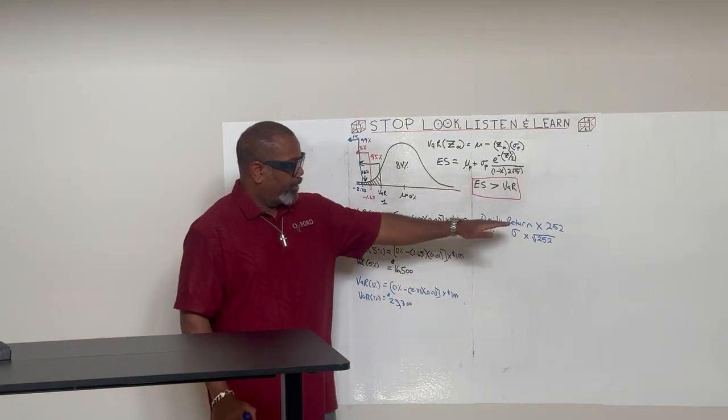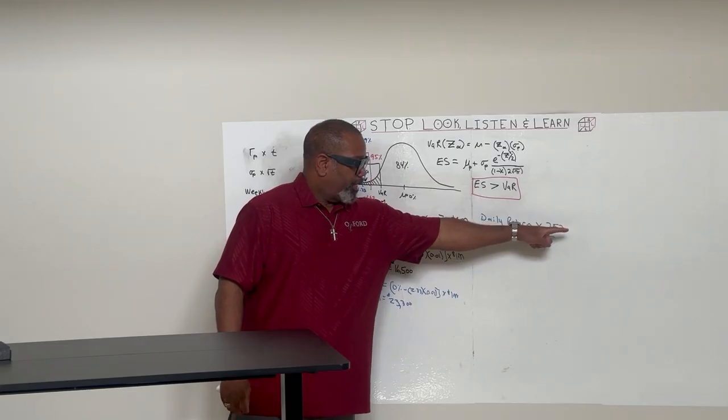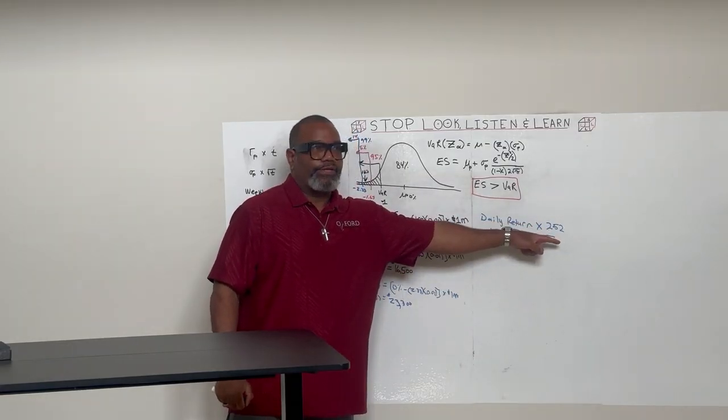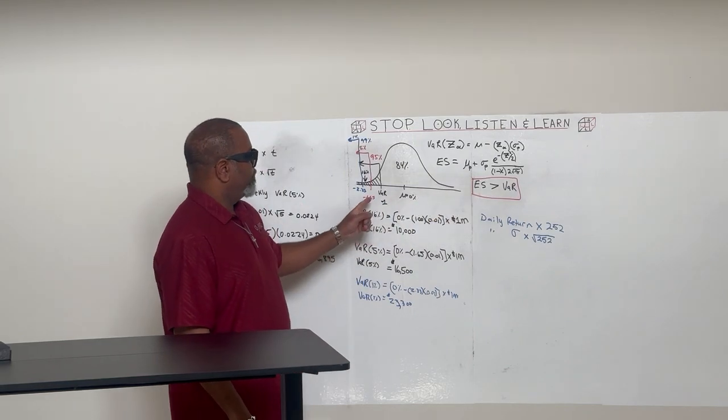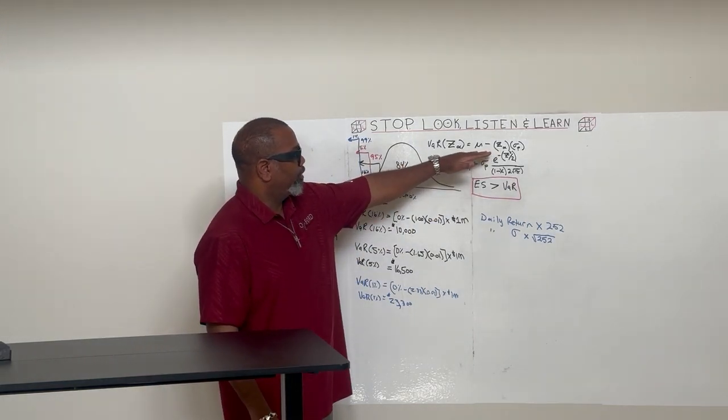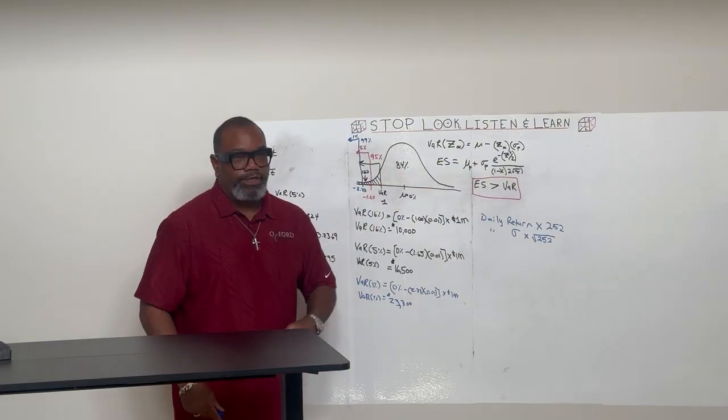Once you get the annual expected return and the annual standard deviation, you multiply the standard deviation by the Z-score and follow this formula here, and that'll give you the annual VaR.